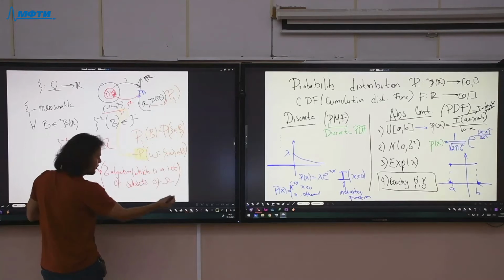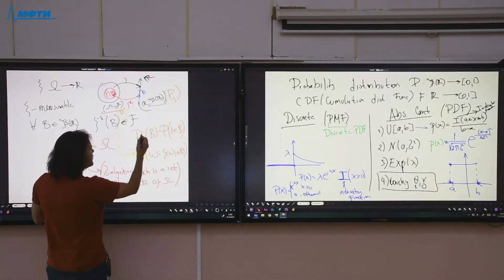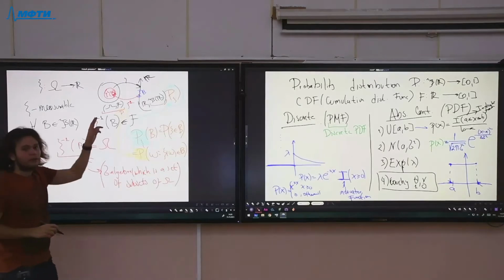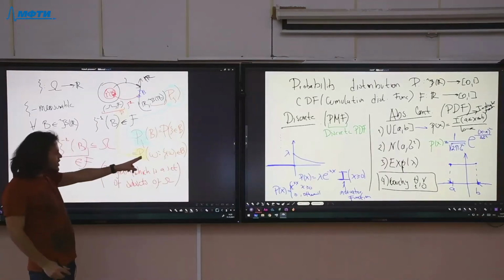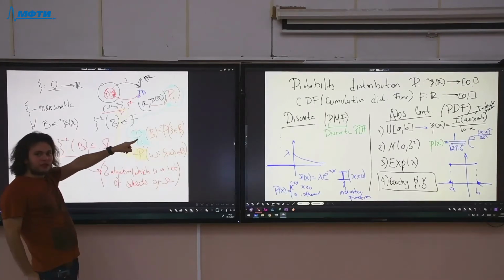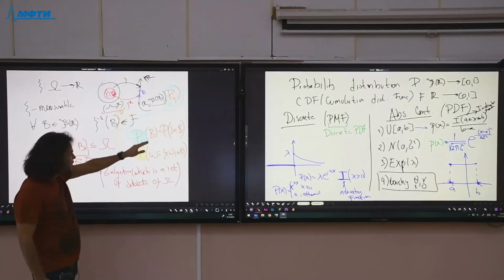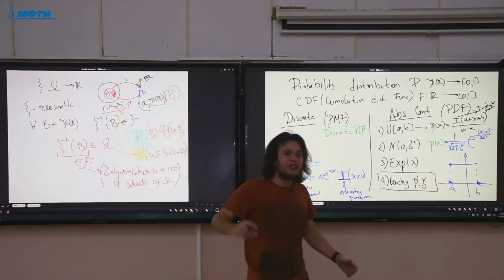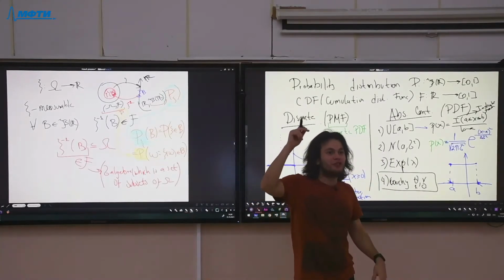So this generates this other P from here, and this P is P psi. So if we change this, then this changes, and if we change psi, then this changes, right? That is why this is the probability distribution generated by psi. If psi is different, then the probability distribution is going to be different.